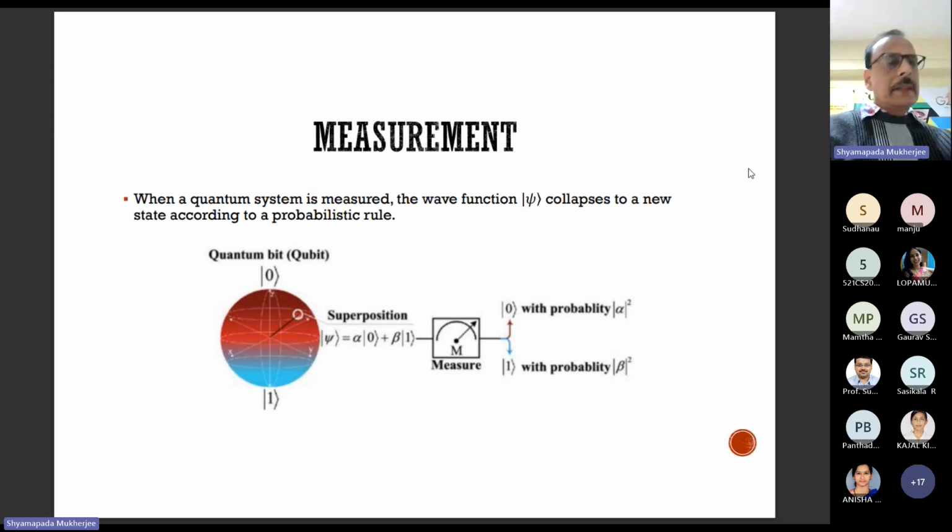It will be measured as 0 with probability |alpha| squared, and it will be measured as 1 with probability |beta| squared. So this is a very typical character of measurement. Initially the state was alpha|0> plus beta|1>, but when you measure it, it becomes either 0 or 1. Got my point?